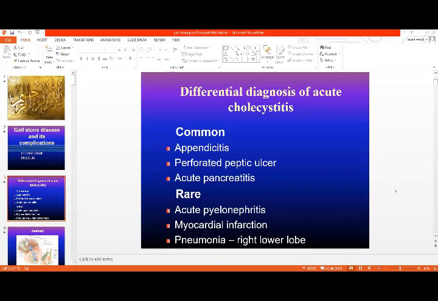You have to exclude that, because it needs urgent treatment if it's an MI, and we should always keep that in mind. So acute MI, which is not mentioned here, can present as acute upper abdominal pain. Always keep that in mind and always mention that you want to exclude an acute MI.